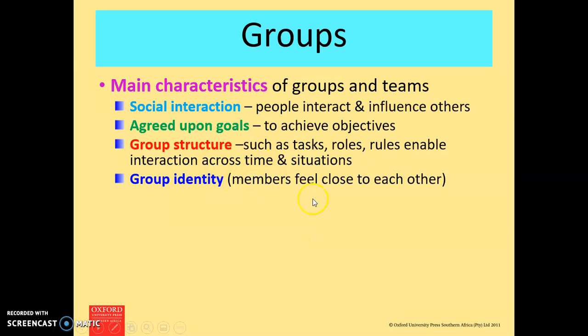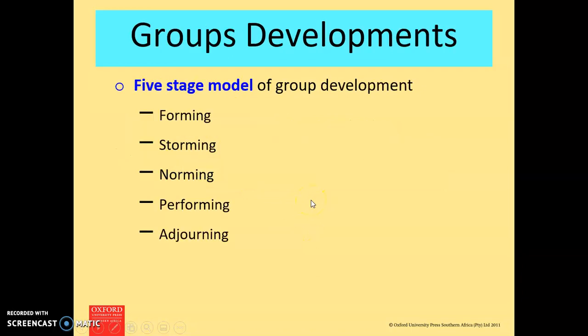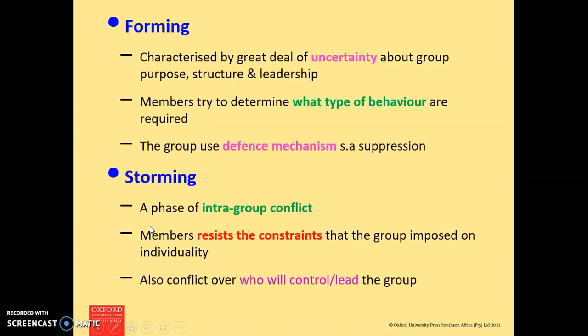So for group development, there are five stages in the model of group development. Start with forming, and then move to storming, and then next to norming, performing and adjourning. So we're going to discuss one by one.